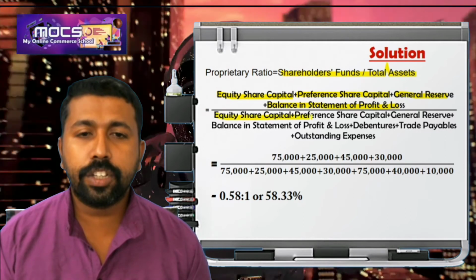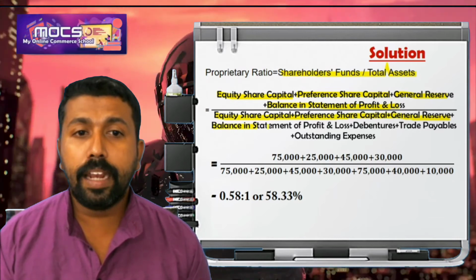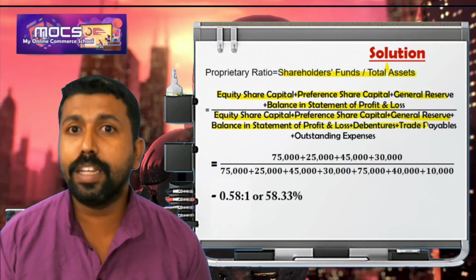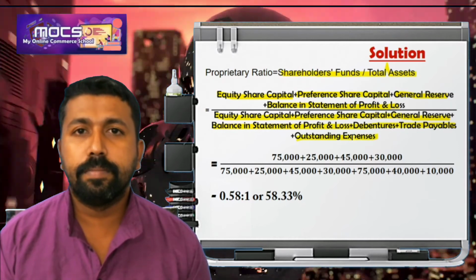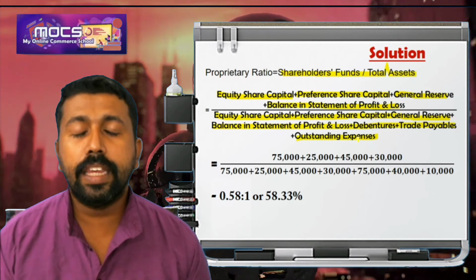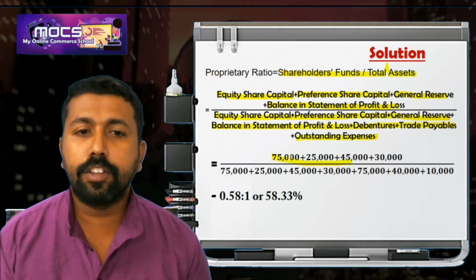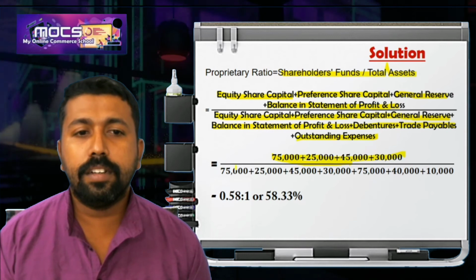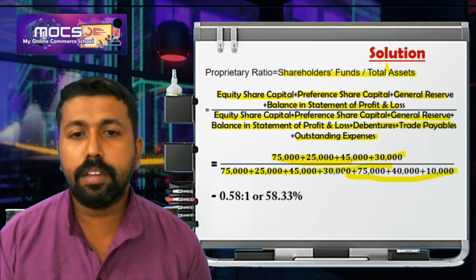Again, equity share capital, preference share capital, general reserve, balance in statement of profit and loss, debenture, trade payable, outstanding expense. These are the things we have to use in the calculation of total asset. So we are directly applying in the equation. Then the proportion we are getting, it is what?